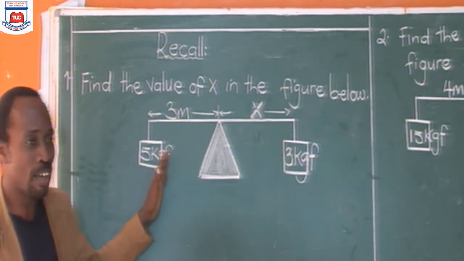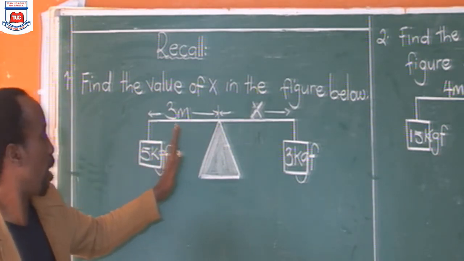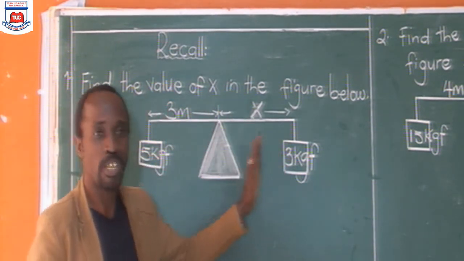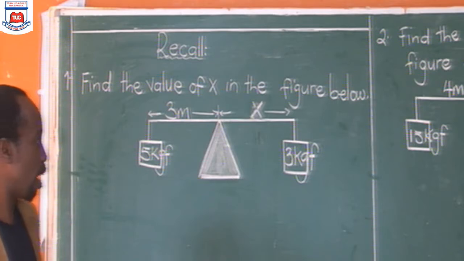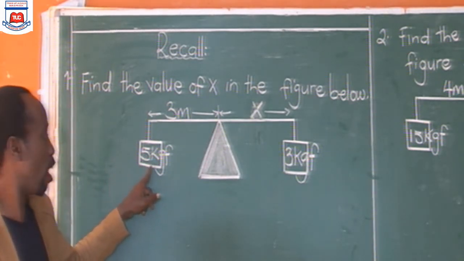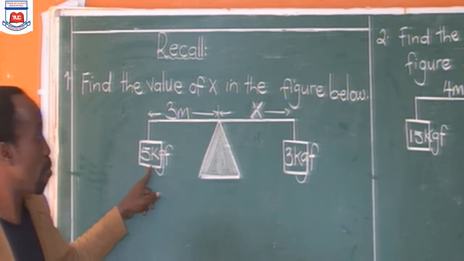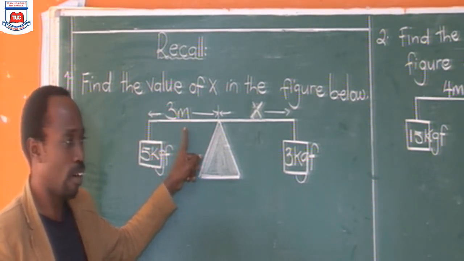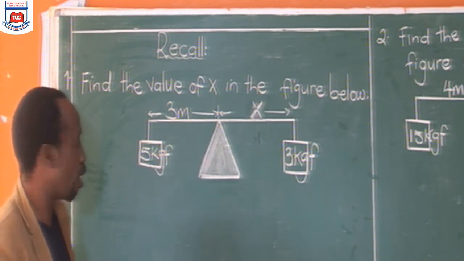So in order to balance, you have to look at the left-hand side and right-hand side being equal to each other. How do you do that? Remember, you were told that we have the load, we multiply it by the distance from the pivot, and that is called the load arm.